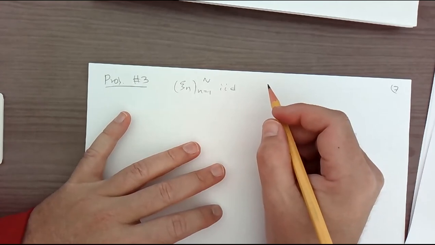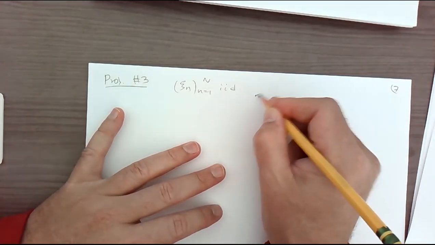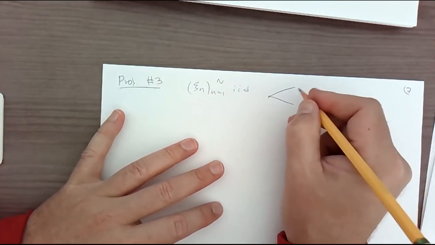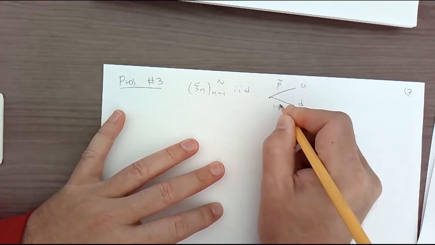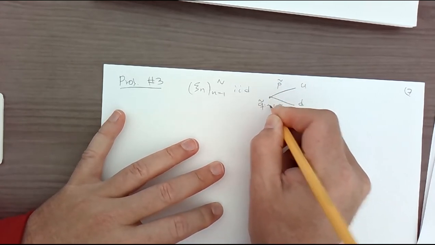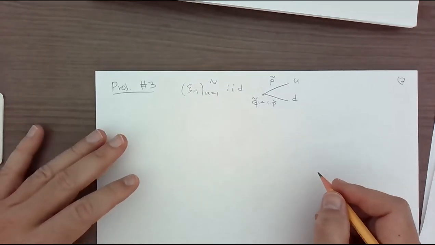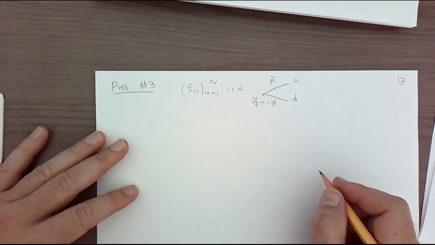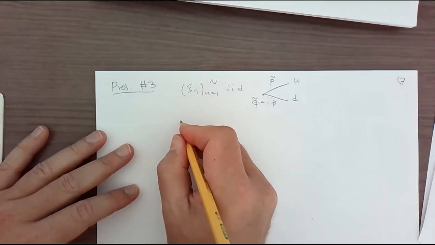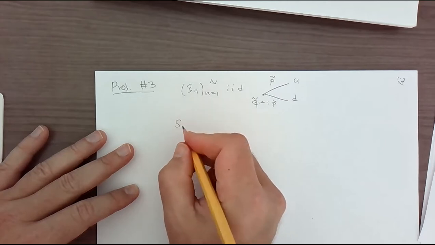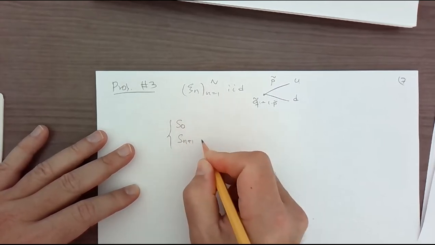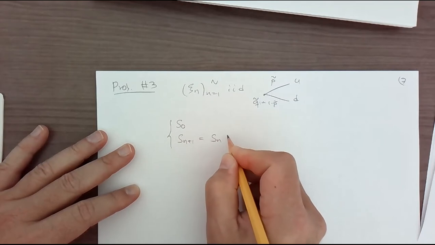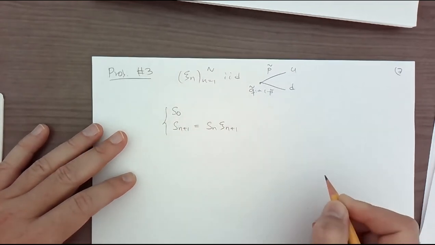Now we're working directly under the risk neutral measure, so you go up and down, and here we have P tilde now, and 1 minus P tilde, which we also often call Q tilde. We have the stock price as before: S0 is the starting point, and S(n+1) is Sn times the (n+1)th coin flip.